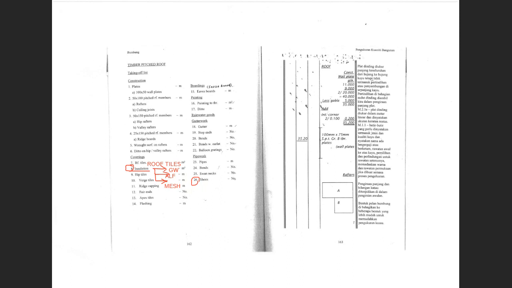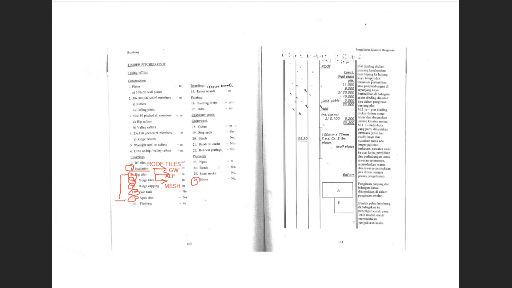Okay. Item number 9. Item number 10. Number 11. Number 12. Number 13. Okay, this 9 until 13 has to be measured under roof covering.